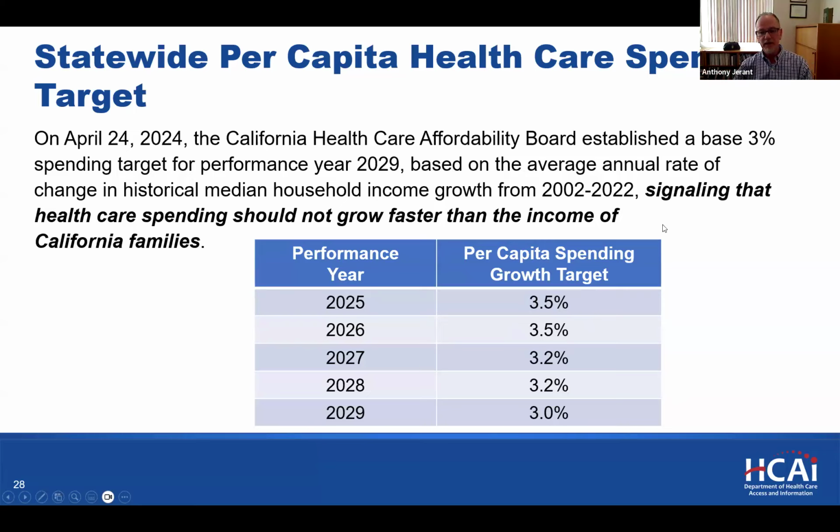They chose that figure because they didn't want healthcare spending to grow faster than the median income of California families. So it's a very reasonable approach, I think. And they had published this, and they actually have legal authority to enforce this with health plans and health systems.